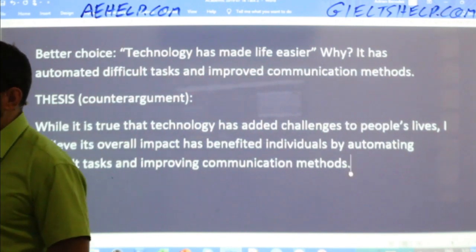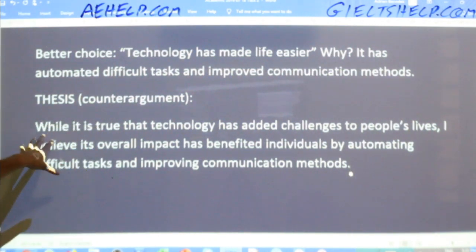Okay, so that would be my full counter argument thesis.